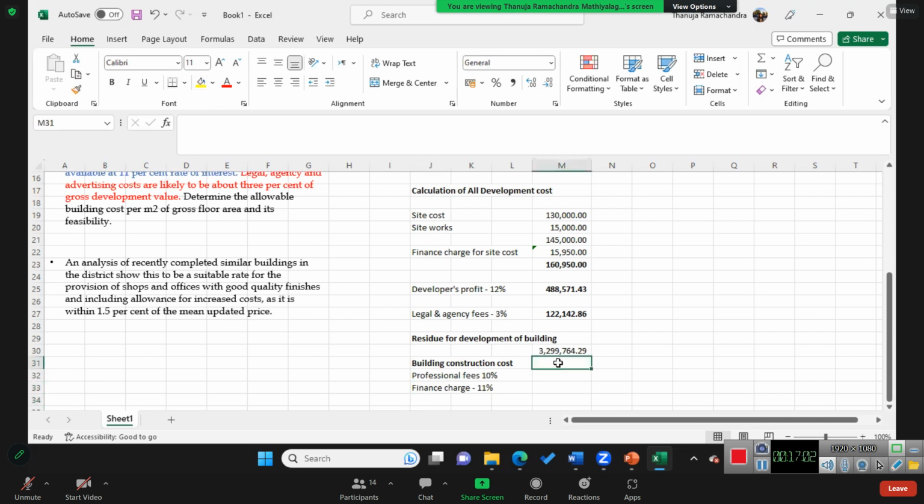Right? So if the building cost, let's say capital B, so professional fees will be 10% into B, and then the total is like 1.1B, isn't it?